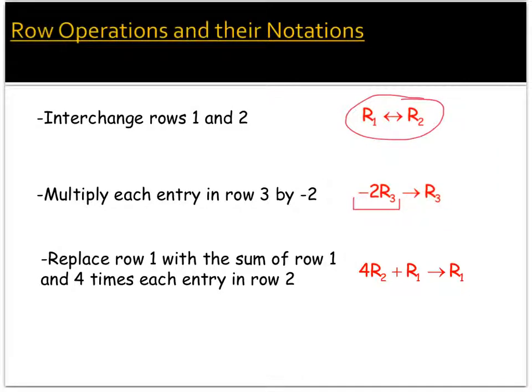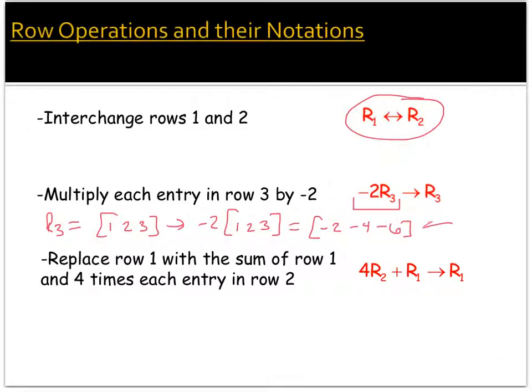So let's say row 3 was equal to 1, 2, 3. I take -2 and perform a scalar product, and that changes it to -2, -4, -6. This is my new row 3.